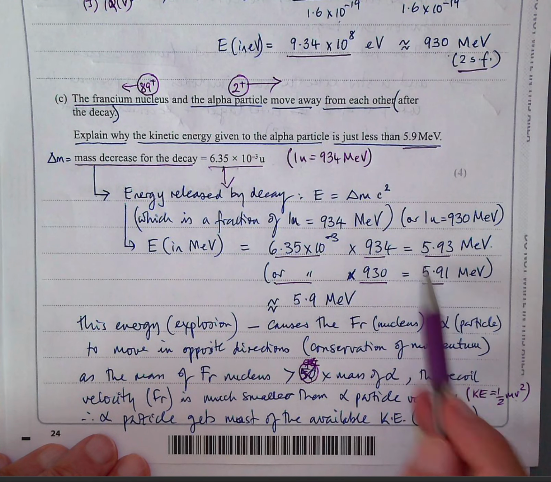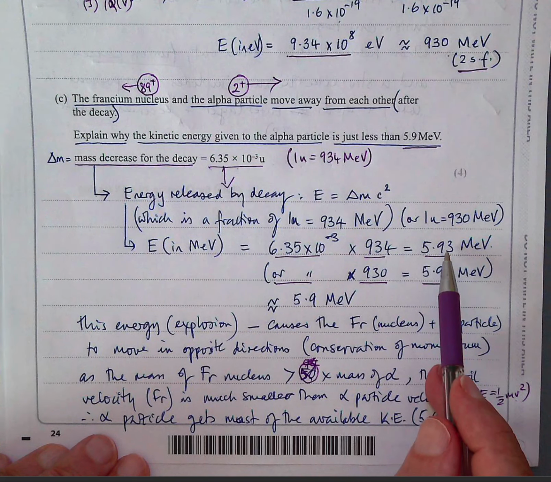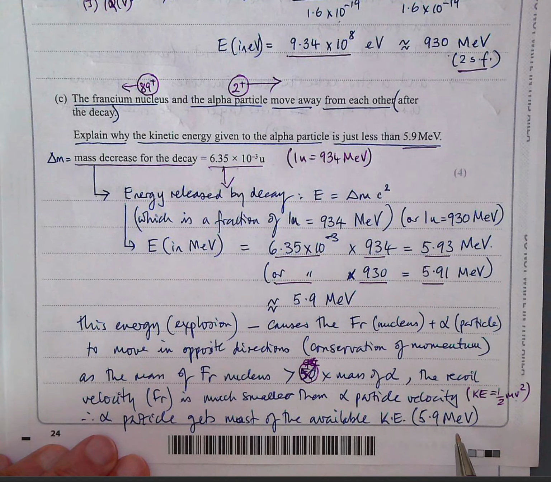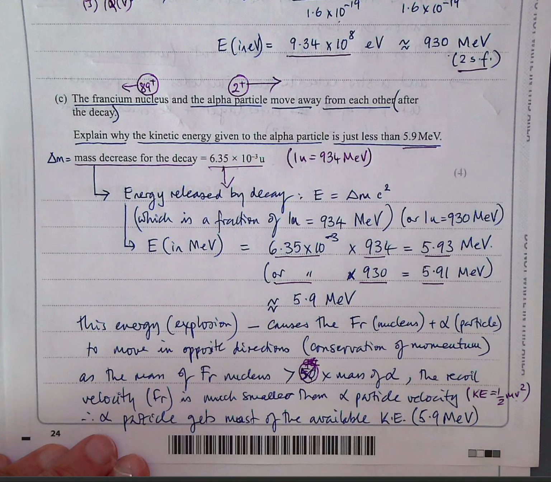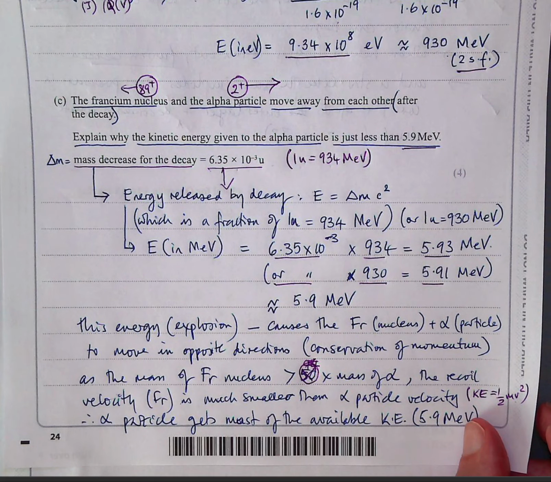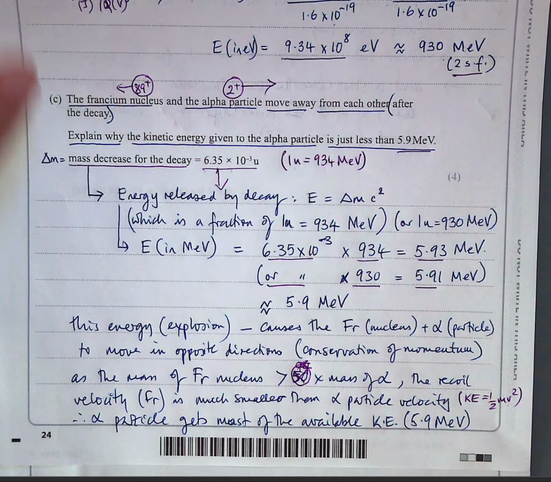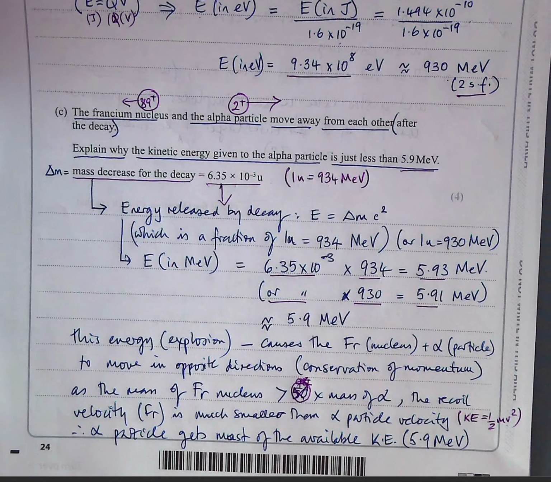But it won't get all of it, because some of the kinetic energy available goes into the recoil of the francium nucleus. So it will be slightly less than that. Whether you want to add a little bit more is up to you, for the clarity of your answer.